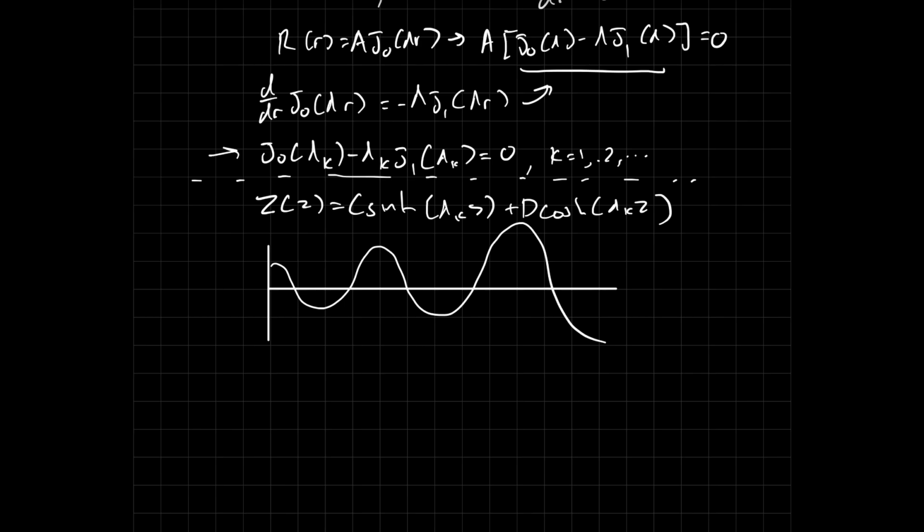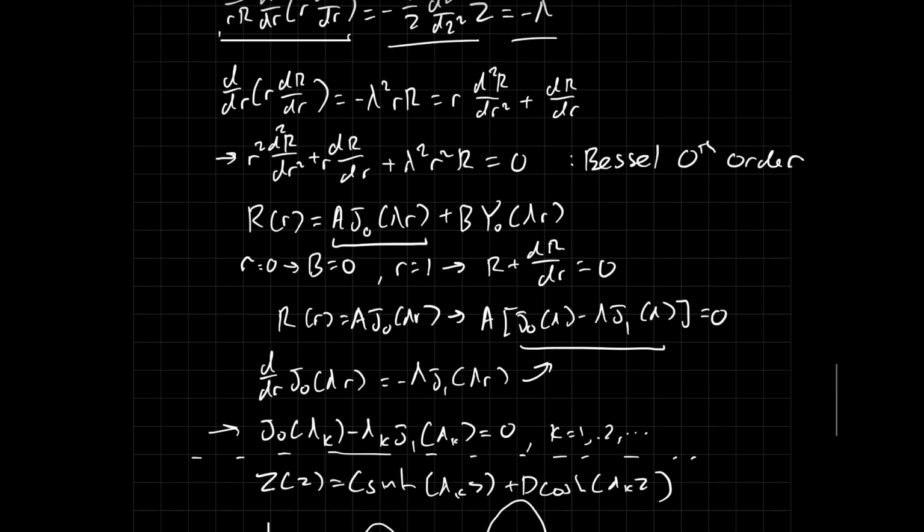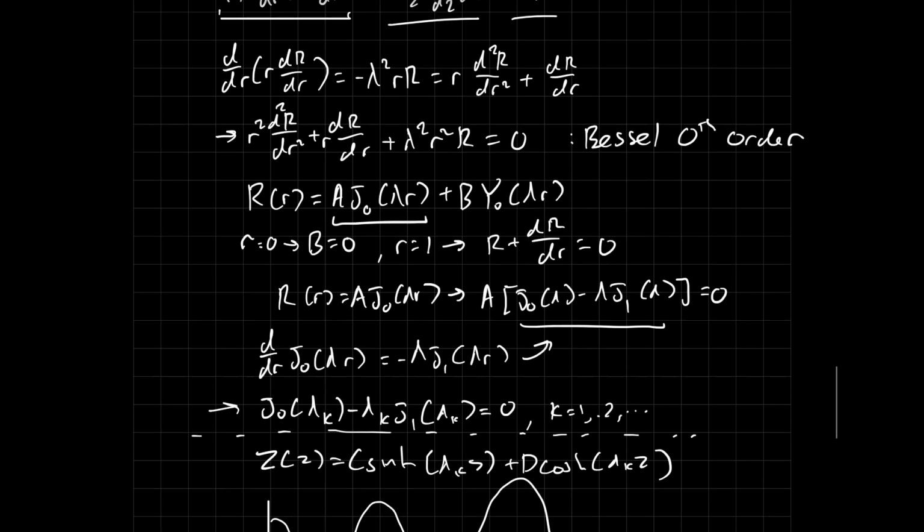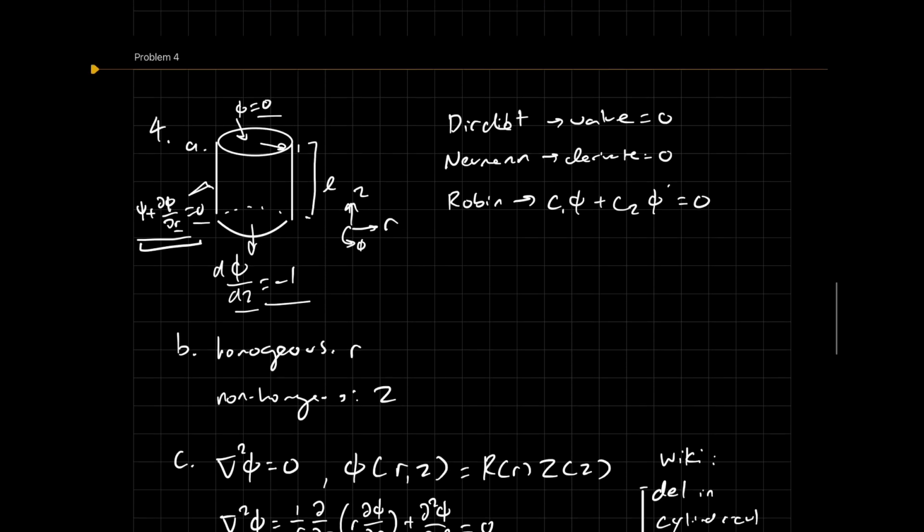And now we also do have some boundary conditions for z. So if you go back up here, it's going to be 0 at the height L, and it's going to be -1, or at least the derivative is going to be -1 for the height of 0.